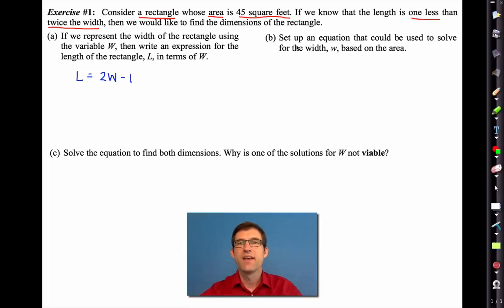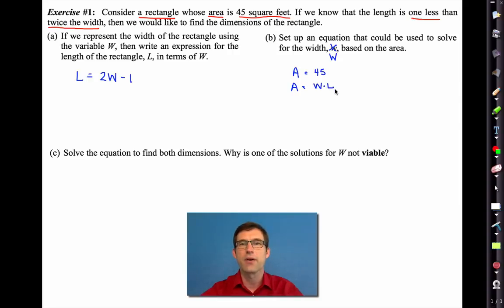Now, letter B says, set up an equation that could be used to solve for the width, for the width, big W, based on the area. Well, what do we know? We know that the area is 45 square feet. We also know that area is always length times width, or width times length.